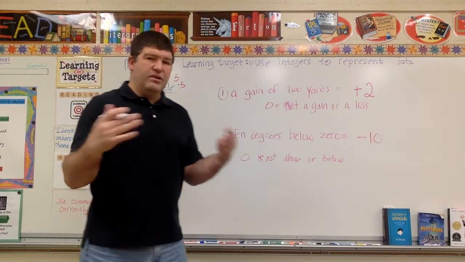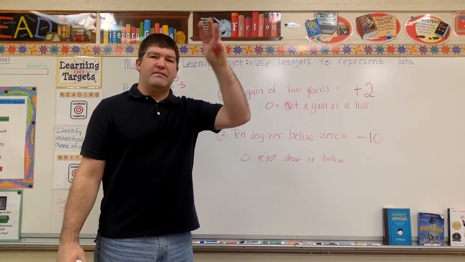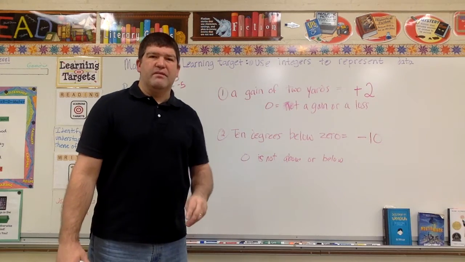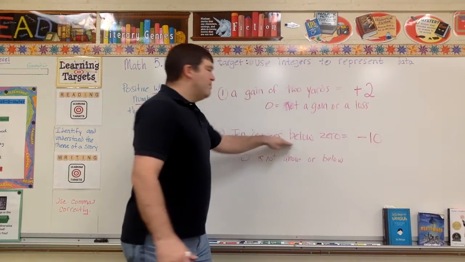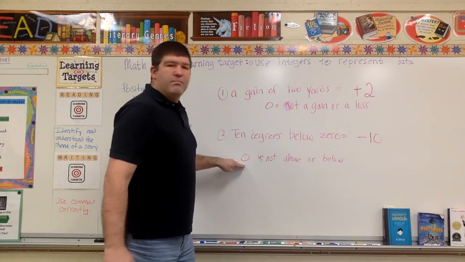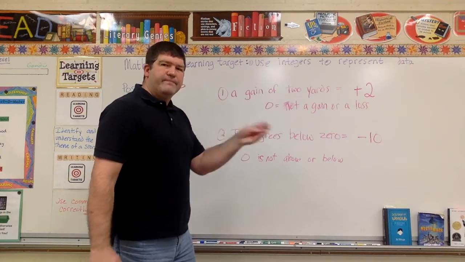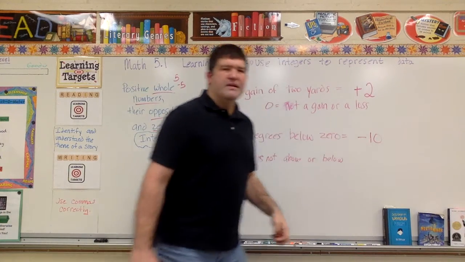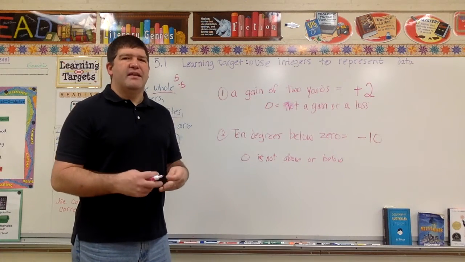Okay? So 0, you're talking about 0 here. You're not talking about above, which would be your positives, or below, which is your negatives. It's just 0. So when you say 10 below 0, you're going 10 below this 0, and you get -10.